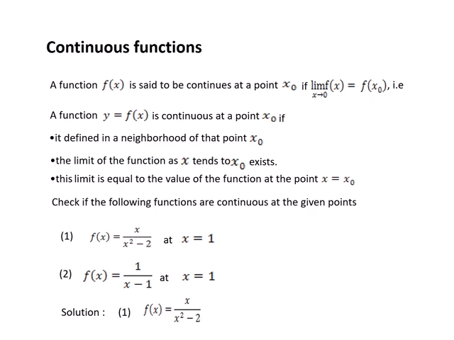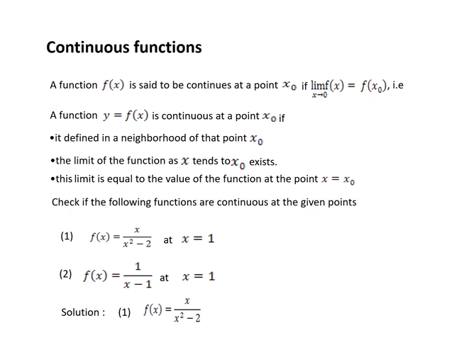That is, a function y equal to f of x is continuous at a point x naught if, let's look at these 3 points here, it is defined in a neighborhood of that point x naught. That is the one fact there.